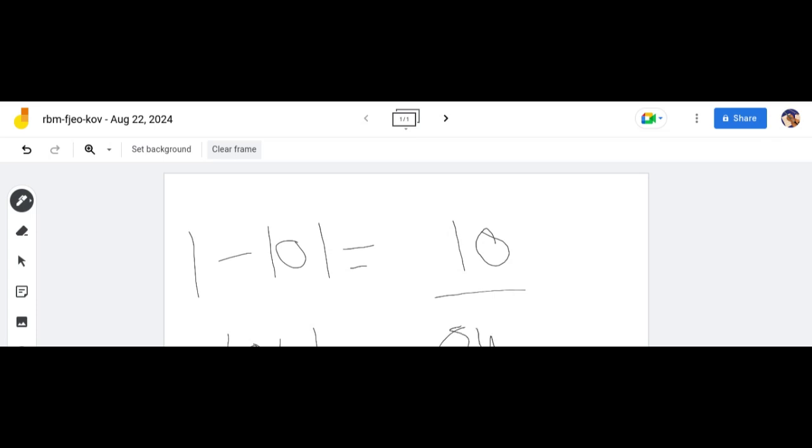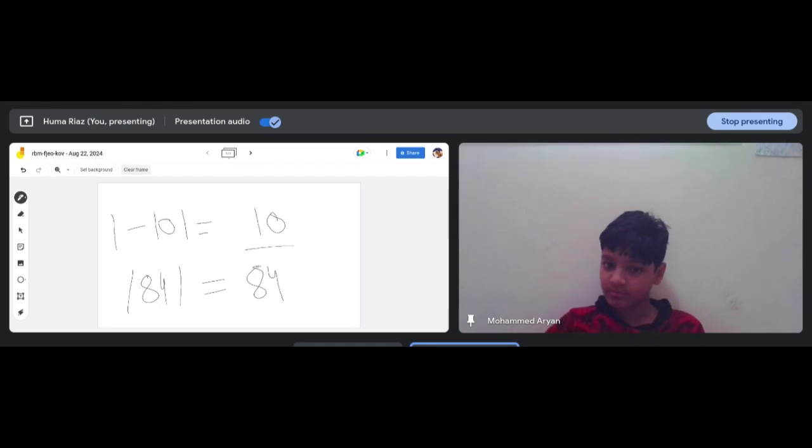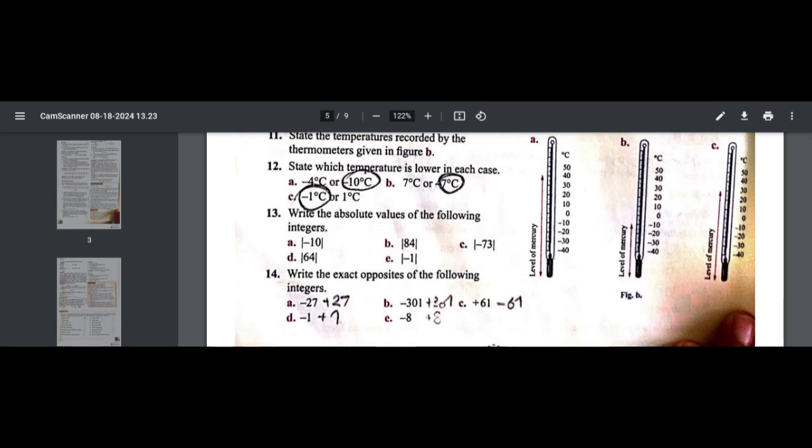Values remain the same, Aryan. We just have to put the positive sign with them. If there is a negative sign, we have to put the positive sign. Remember that. Absolute values cannot have a negative sign. They must have the positive sign. Okay. So find the absolute value of C, D and E.